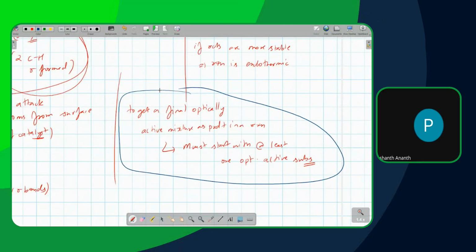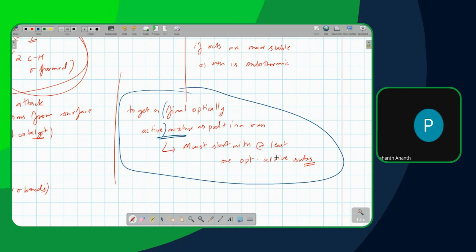In any reaction where you are going to have a final product, a final mixture, that is optically active, you absolutely must start with at least something which is optically active in a pure form in the beginning. It cannot be a mixture in the beginning. It cannot be a racemic mixture.